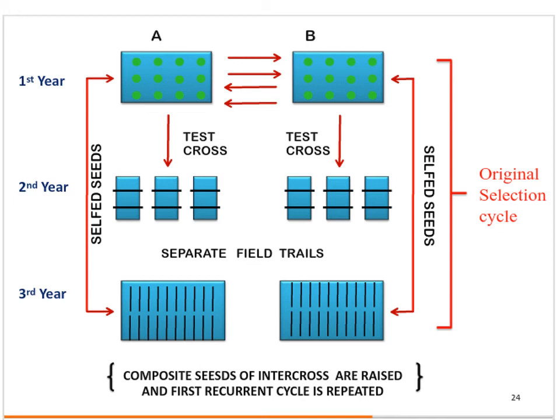Third year: selfed seed from plants producing superior test cross progenies is planted. All possible intercrosses are made, and seed from all intercrosses of the population is mixed. These are the steps of the selection cycle of reciprocal recurrent selection.